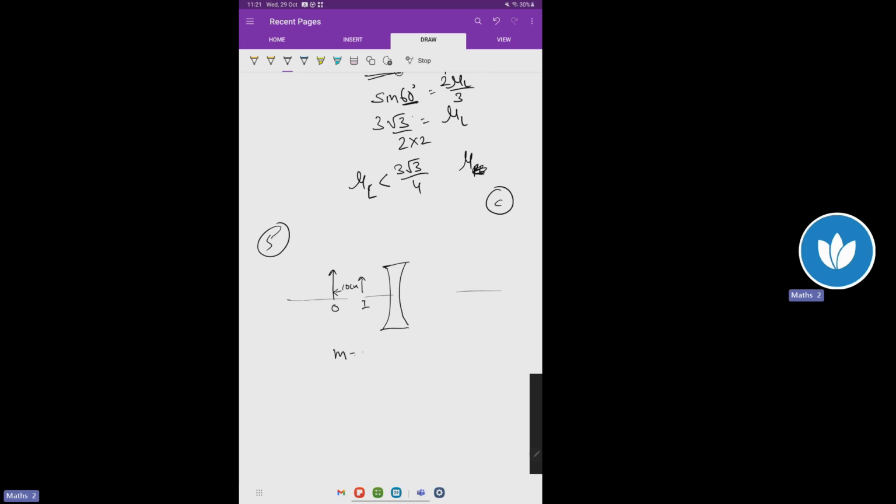Magnification m is 1 by 4, positive. So this is u and this is v. And magnification for a lens is v by u.